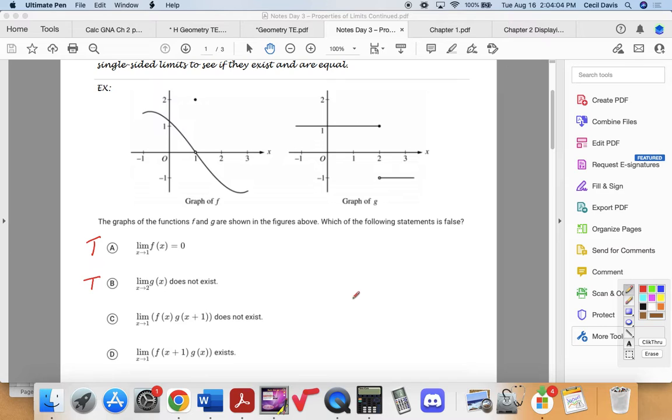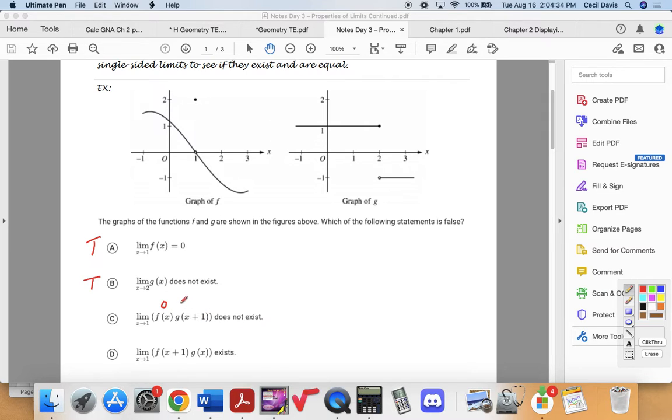So that's true. Then we get to things that get a little weird. Specifically, part C. The limit as x approaches 1 of f of x times g of x plus 1 does not exist. Well, what's the limit as x approaches 1 of f of x? 0. What's the limit as x approaches 1 of g of x plus 1?